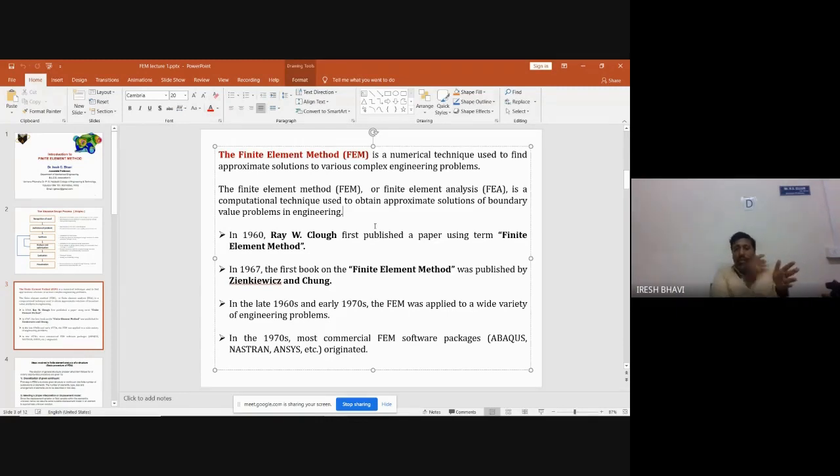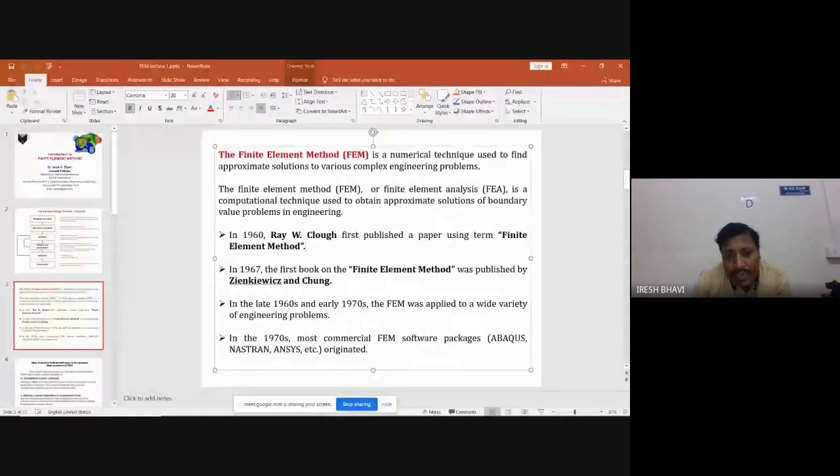And there are certain problems also called initial value problems. Initial value problems means what? Initial values are specified. For example, in heat transfer problems, suppose one surface is having a temperature equal to 0, or it may be having a temperature equal to atmospheric temperature, and the other surface is a heating surface.